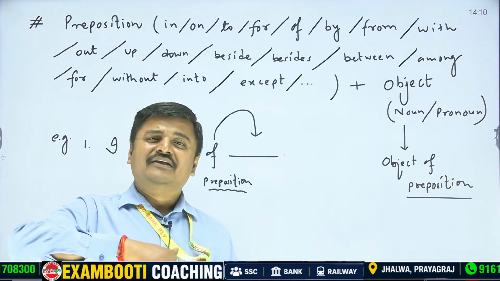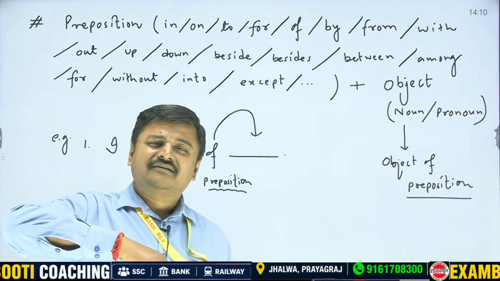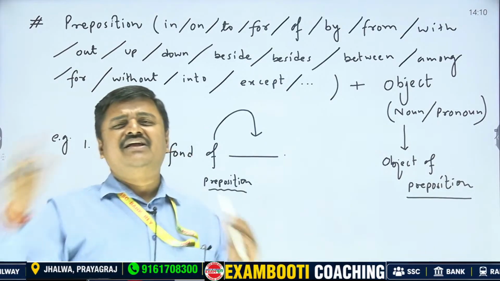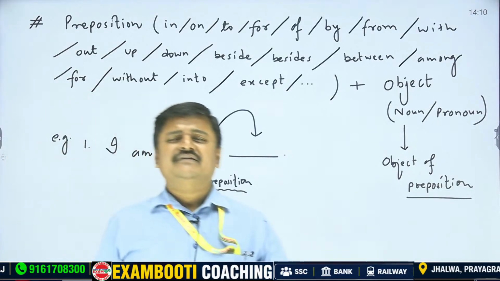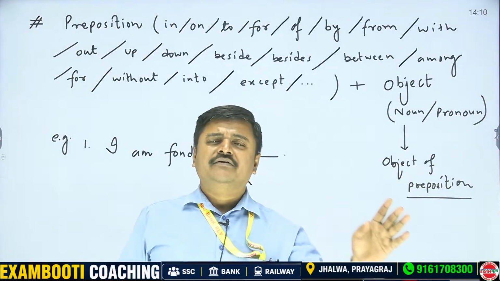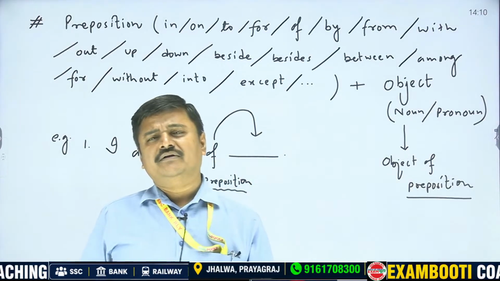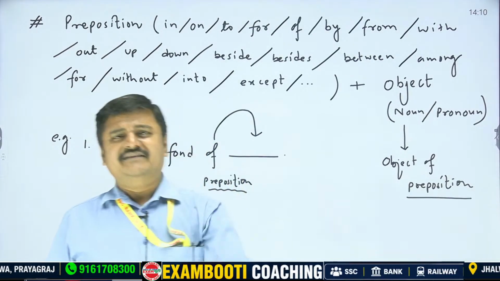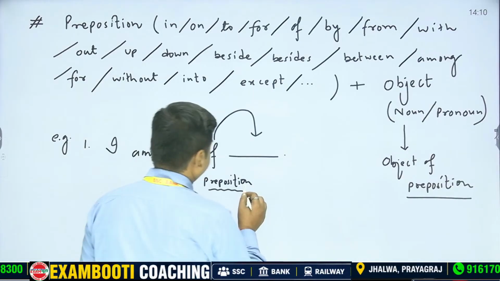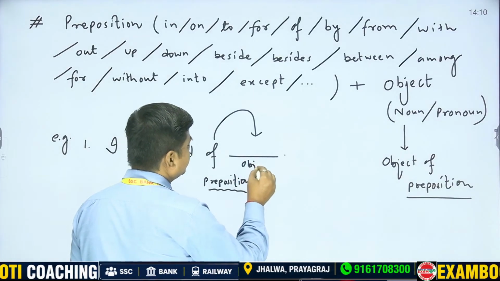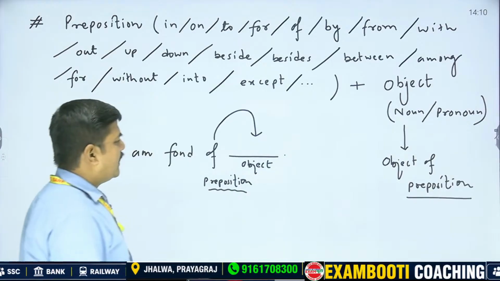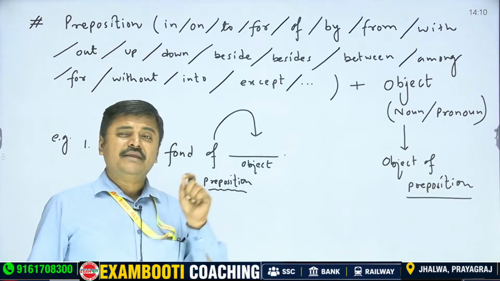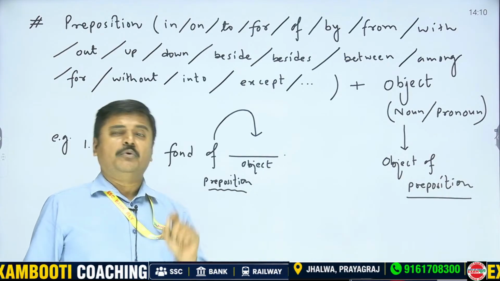You can just think of any difficult word, whether it is given to you or not, and you are able to understand what will be there. Here we know that this is the place of an object, and if this place belongs to an object, it means there will be a noun or a pronoun.